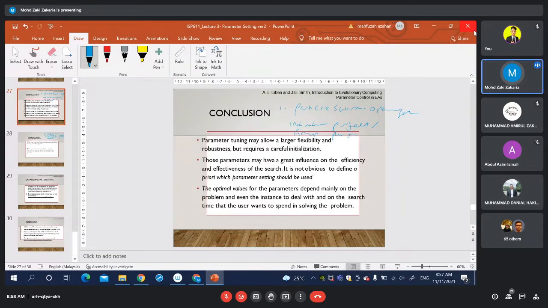One article aja. One means you first need to decide the problem domain. Problem domain apa you nak solve, sama ada timetabling ke ataupun travelling salesman problem ke. Yeah, that one the easier, not complex.